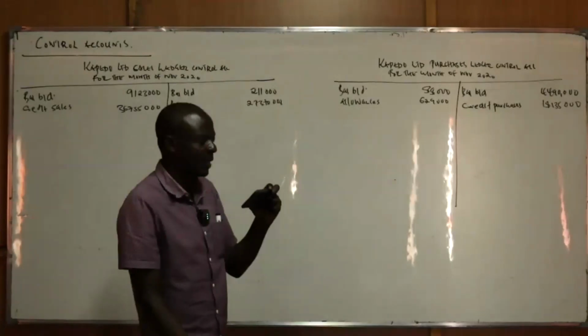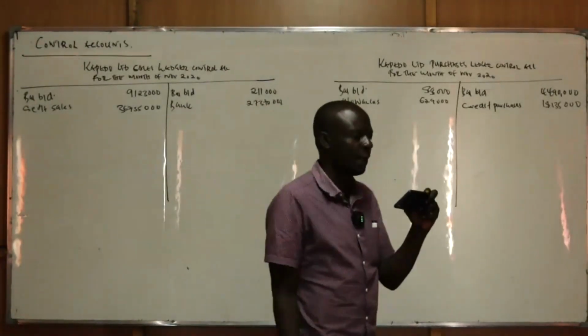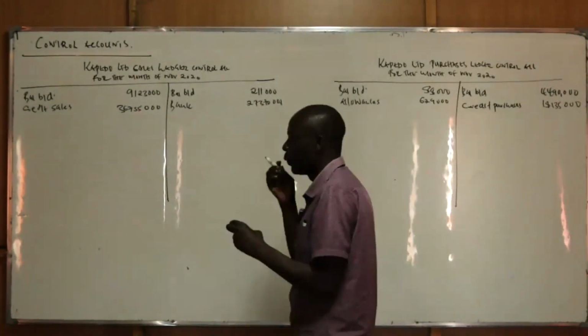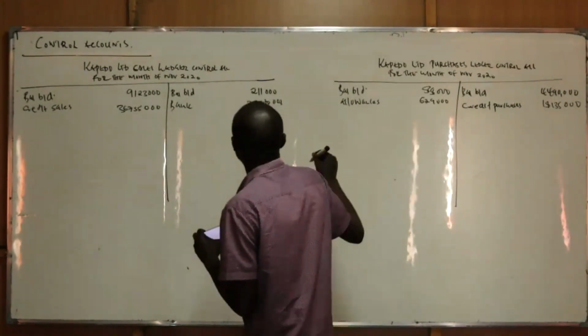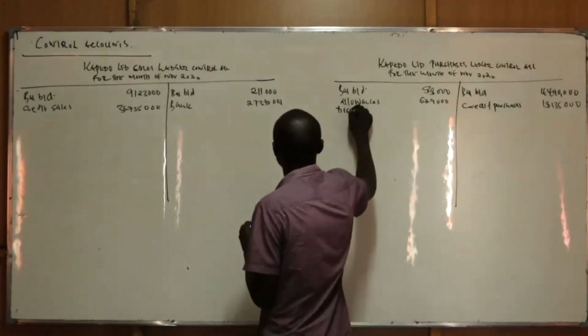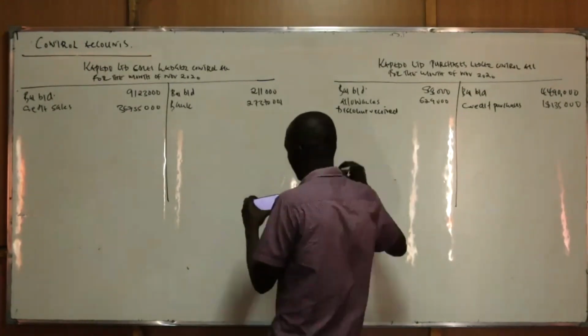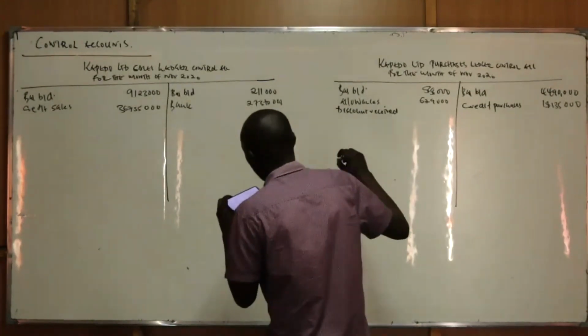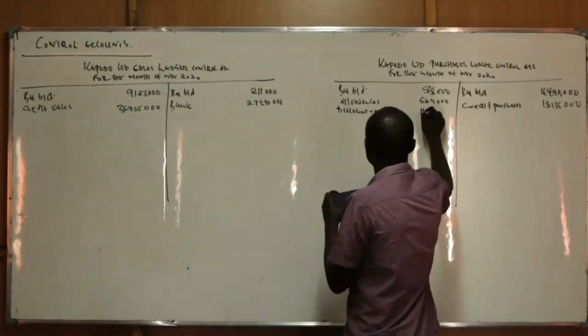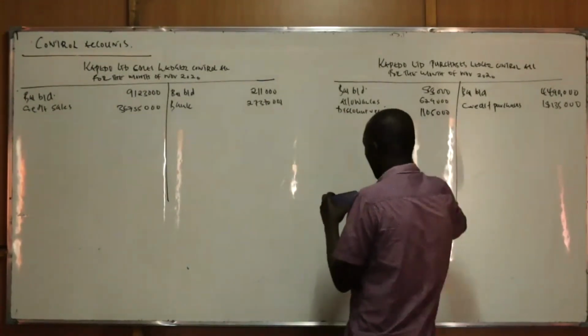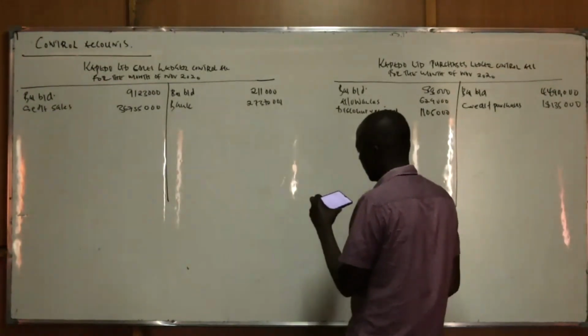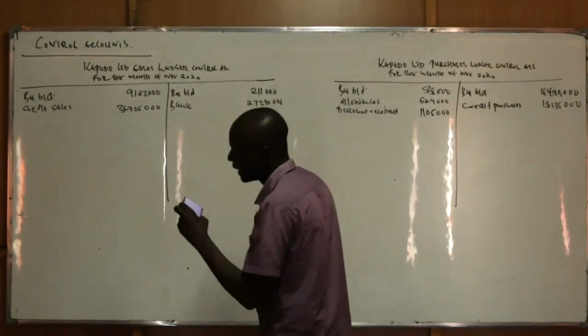We go to the next item, which is discount. Discount received. Where do we post? So here, discount. Discount received is how much? 110,500, isn't it? And then we have payment to creditors by check.